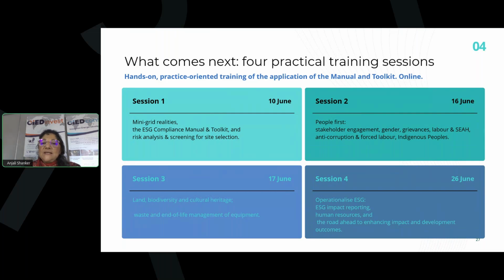The second training session, again case study based, will really focus on all the tools related to stakeholder engagement.